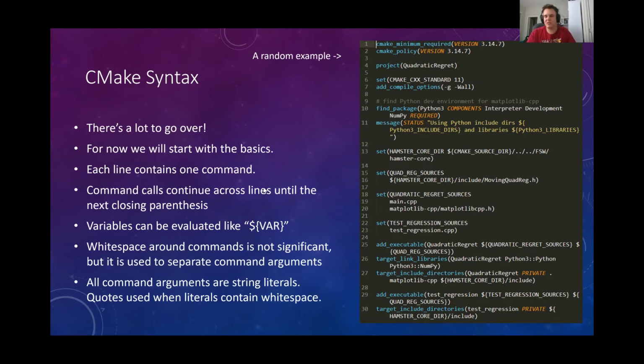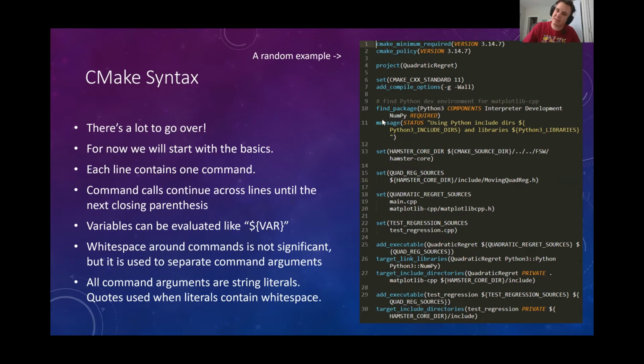Do you guys know what I mean when I say string literal, or are you confused? Well, if you haven't heard the term before, basically it refers to text that's interpreted literally instead of as an actual instruction.